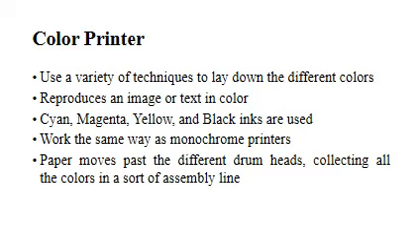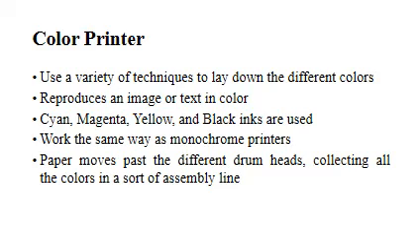Color printers use a variety of techniques to lay down the different colors. Color printing is the reproduction of an image or text in color. It is opposed to the simpler black and white printing. Generally, CMYK model is used here.